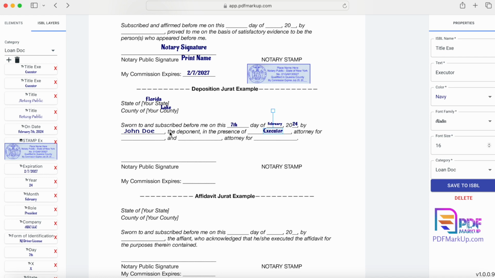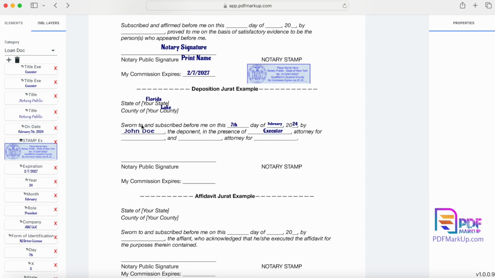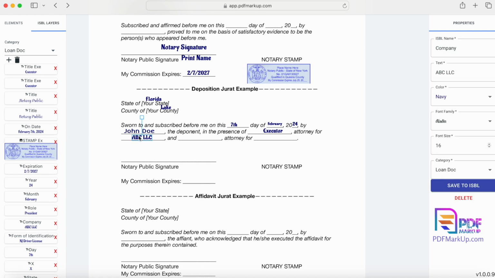can't be for John Doe, because the deponent in the presence of blank, attorney for blank. So we're going to put the attorney for ABC LLC. So Executor is the attorney for ABC LLC. Okay? Attorney for ABC LLC.